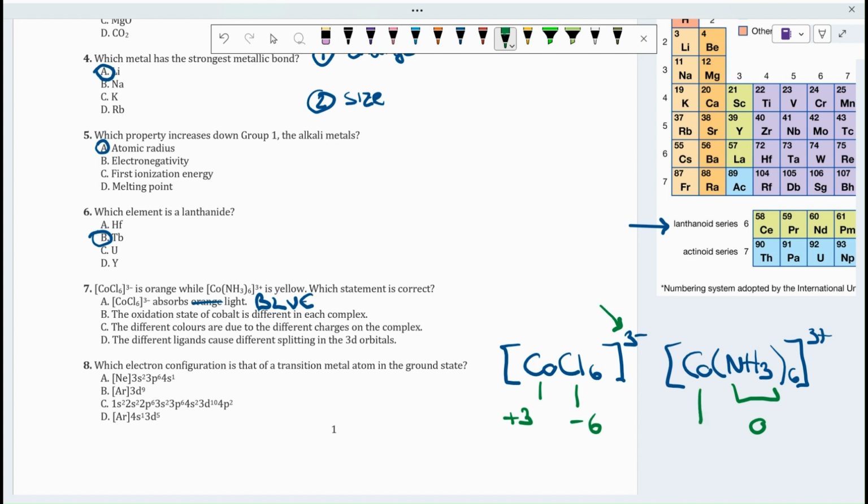So we want to get to +3, we're at 0, this will be +3. So they are not different, they're both +3. The different colors are due to the different charges on the complex. The different colors could be different due to the charge on the metal ion rather than the complex.